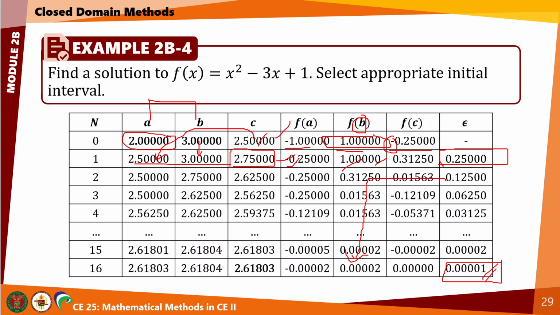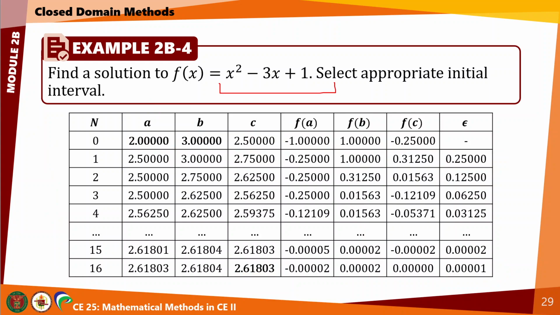Okay. So, 16th iteration din, nakarating siya sa root na 2.618. Okay. So, tama naman kasi that's between 2 and 3. Right? Nakuha natin yung larger root ng quadratic equation. So that's all for the bisection method.